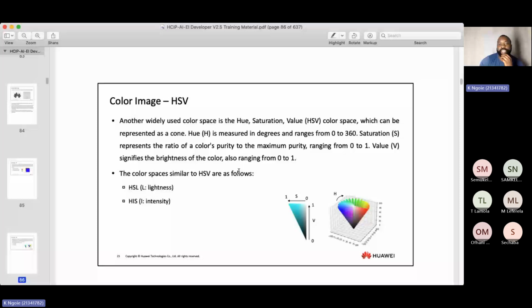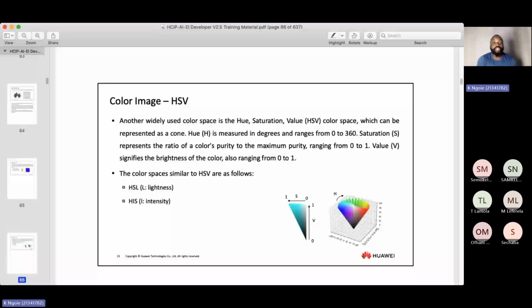So why is it really important in AI? Because it's really easy to separate objects by color, ignoring the brightness variation. For example, if you want to detect red apples regardless of the lighting, because if you take a red apple and change the lighting, it can be detected in AI as a different color.